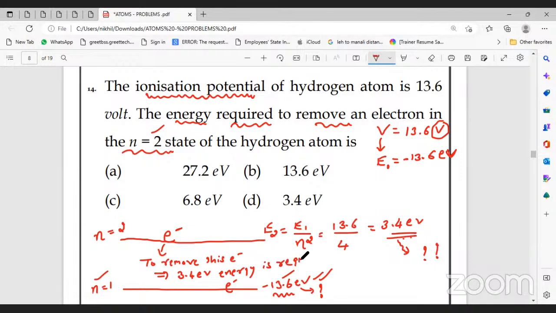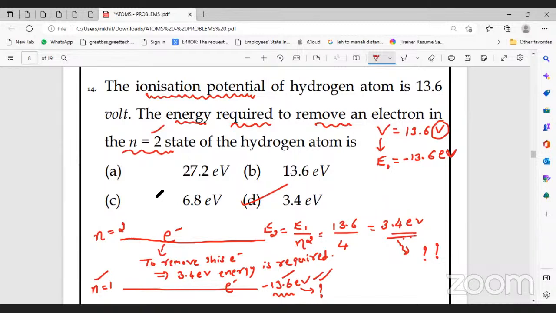That is option D. So the energy required to remove the electron in the second state of the hydrogen atom is 3.4 electron volt. They're asking you to find that itself in the second state.